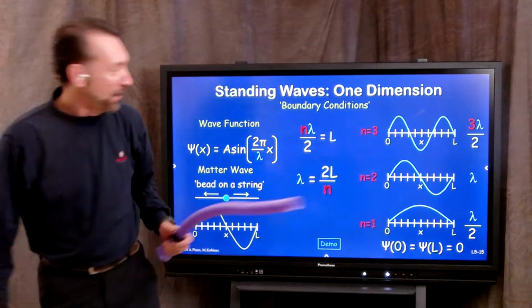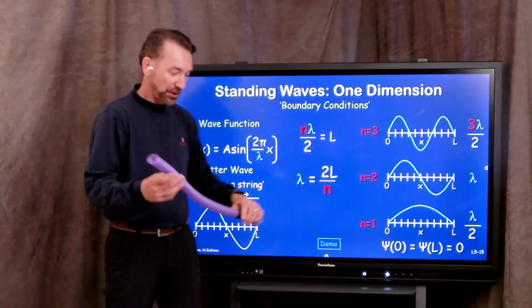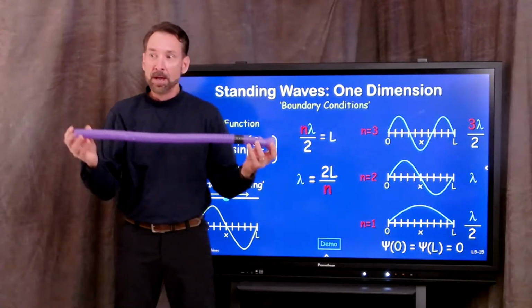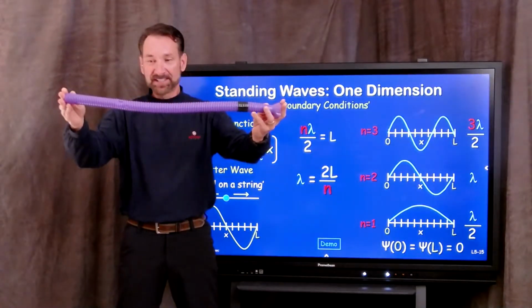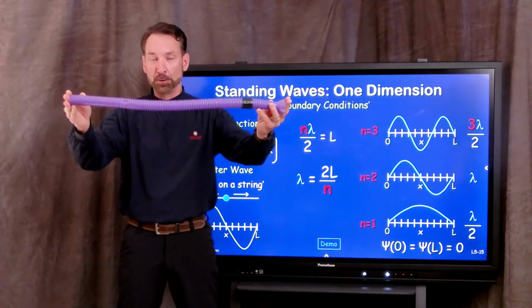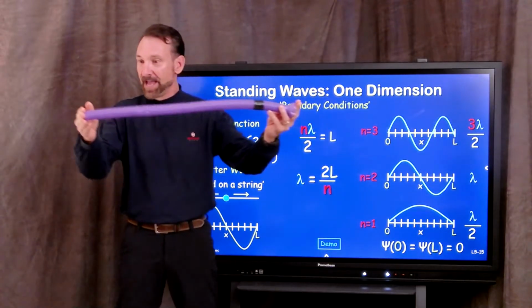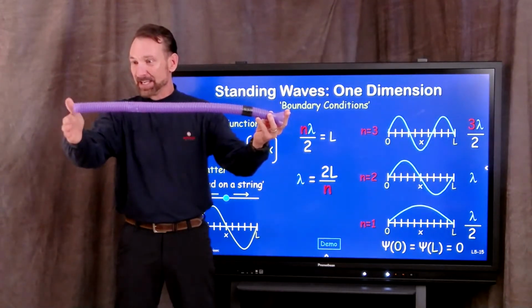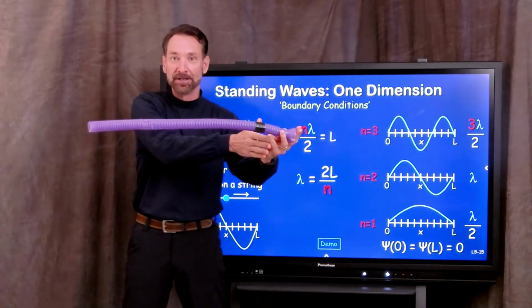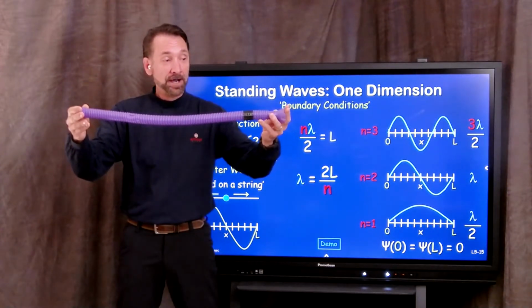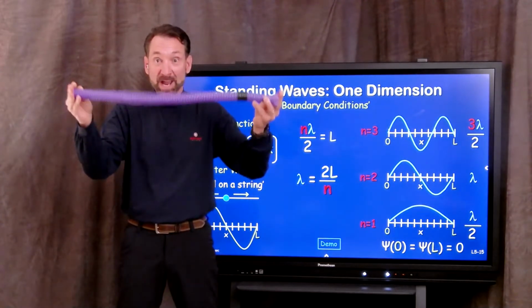So sound is a wave, a longitudinal wave. If I take a fixed length of tube where the sound wave has to stop here and stop here, so a fixed length, then I should have fixed wavelengths.